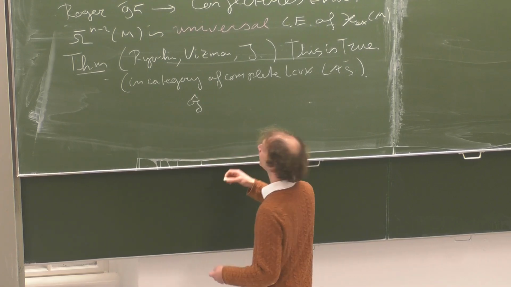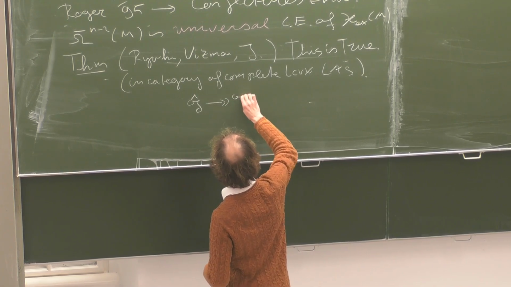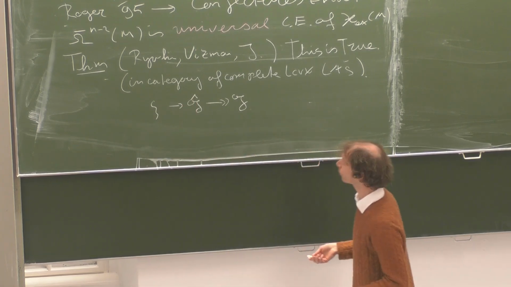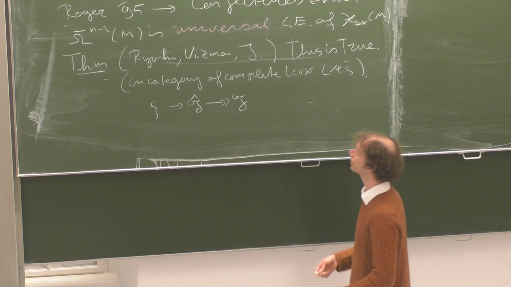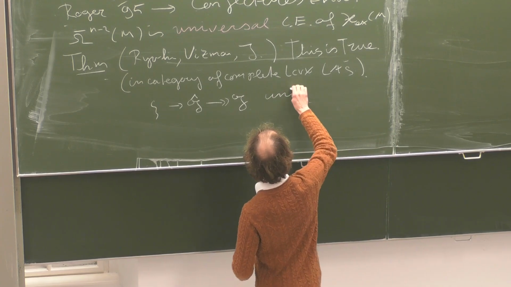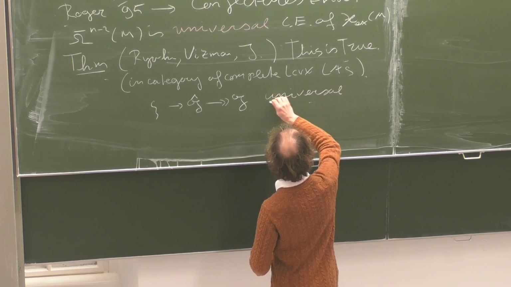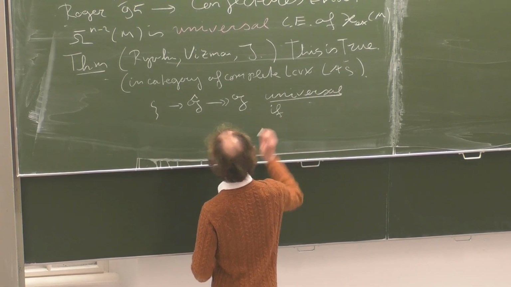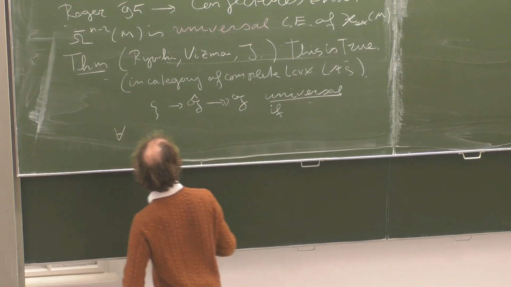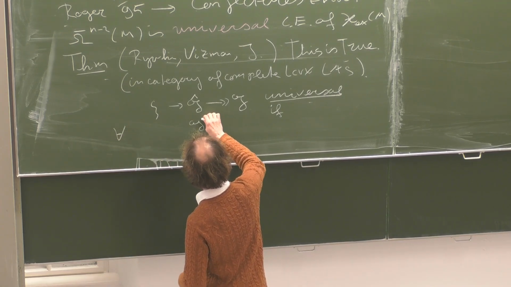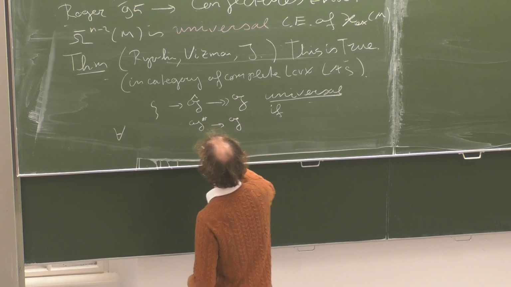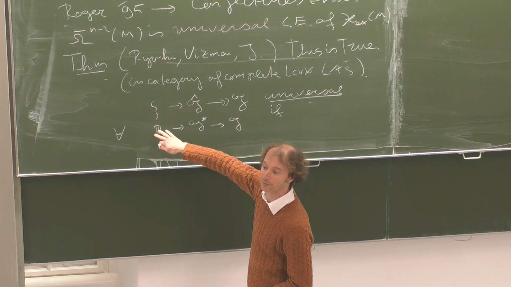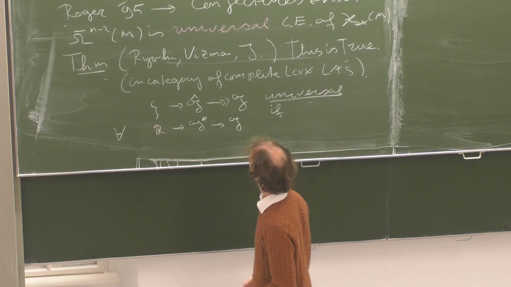I have a Lie algebra g, then a map, called universal if for any other central extension like this. So for the other central extension, say by R, I mean, you can put anything on the left-hand side, but it will not matter that much.